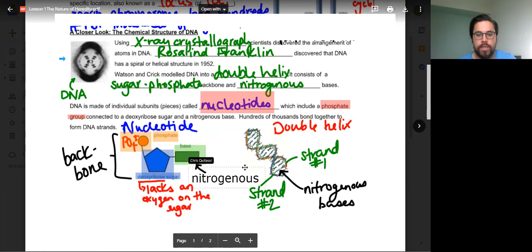So this nitrogenous base allows DNA to function the way that it does. And with regards to that double helix structure, it is going to consist of 2 strands of those nitrogenous bases, or that DNA strand. Overall, combined together, it makes up that DNA double helix structure.